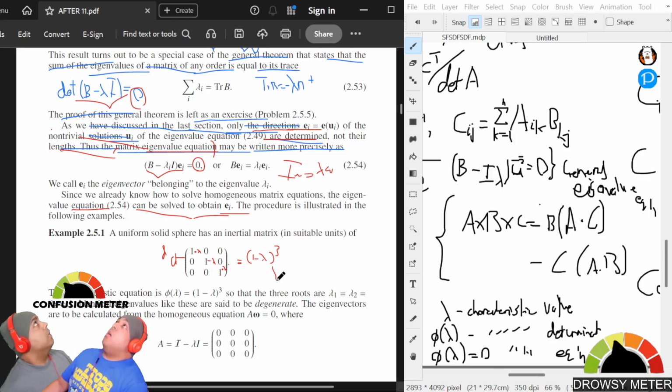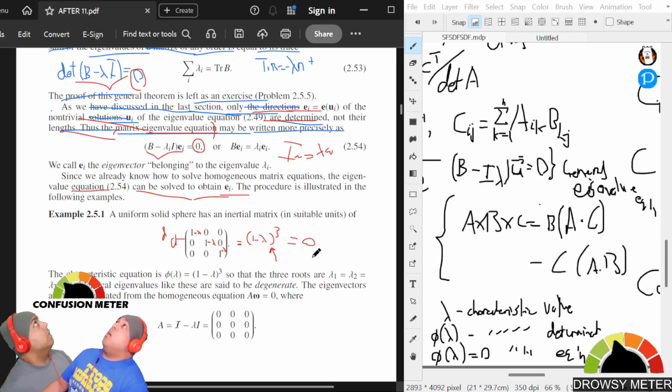Normally we would factorize it and say the other side is 0, so we just divide out the other factors. So we get 1 minus lambda equals 0, lambda equals 1.